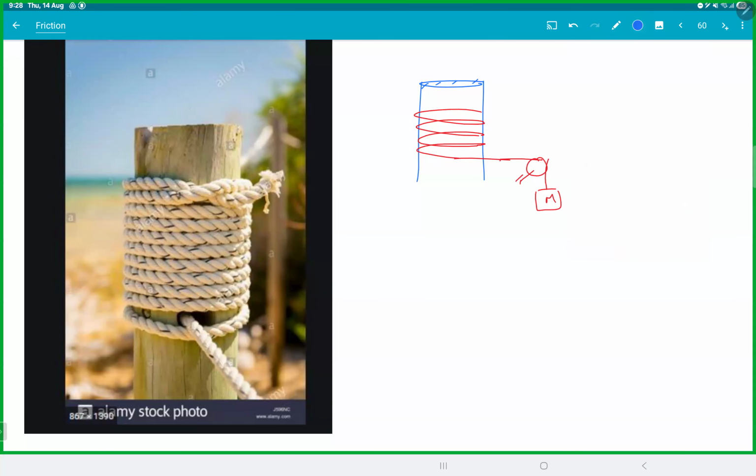If you want to keep this block at rest, you need to apply very minimal force. So this is 4 turns. The minimum force required to keep the block at rest, F minimum, will be mg into e power minus mu into angle, where theta will be 4 times 2 pi, that is 8 pi. This is the minimum force required to keep the block at rest.